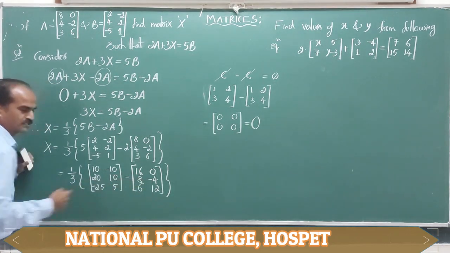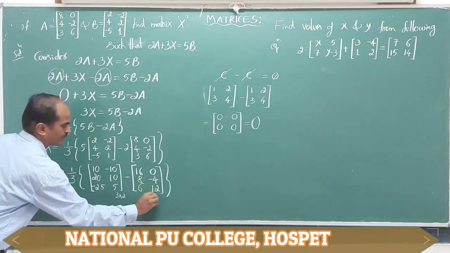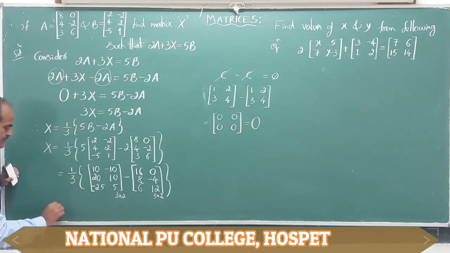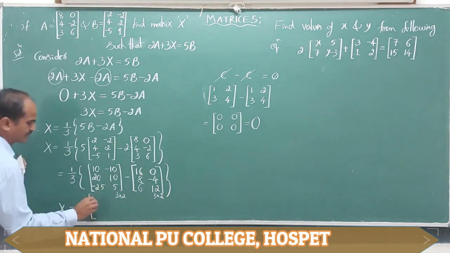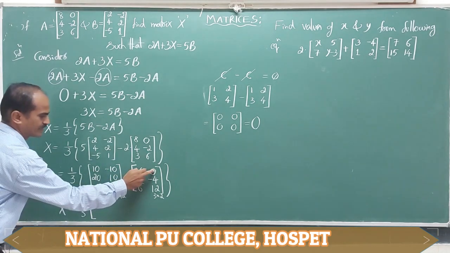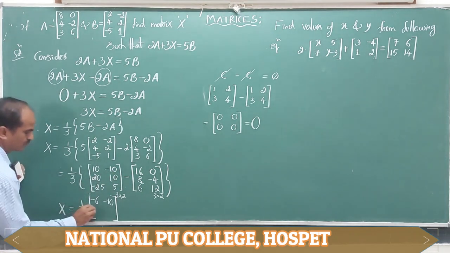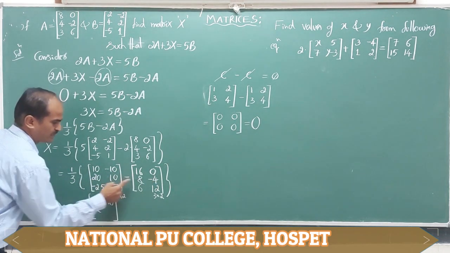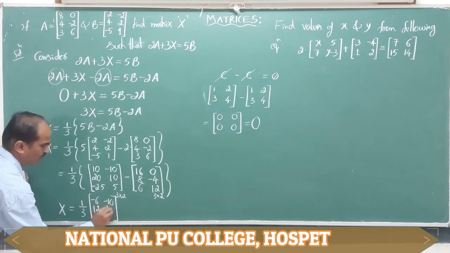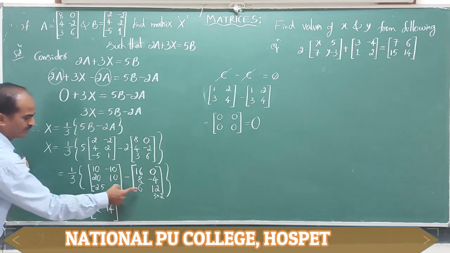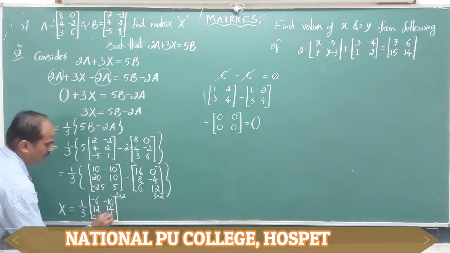Now the difference of these two matrices, both are 3 by 2 matrices. Subtracting the corresponding elements, 1 by 3 times the matrix: 10 minus 16 is minus 6, minus 10 minus 0 is minus 10, 20 minus 8 is 12, 10 plus 4, because minus of minus 4 is plus 4, is 14, minus 25 minus 6 is minus 31, 5 minus 12 is minus 7.